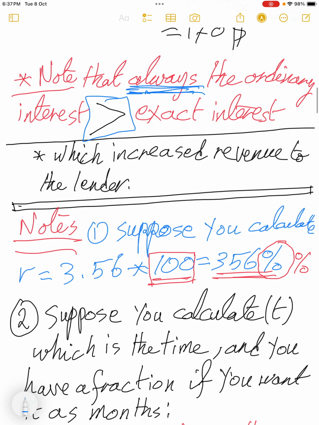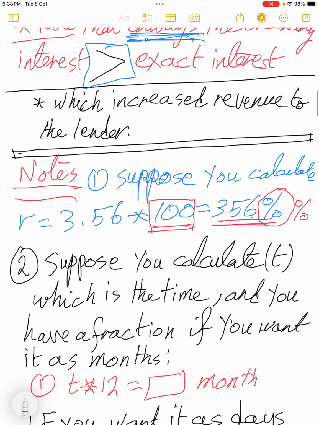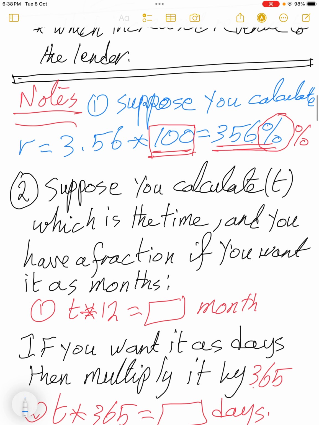Here, suppose you calculate R equals 3.56. With respect to R, you must multiply by 100. Then you will have 356%. This is for the interest rate. Suppose you calculate T, in years, and you have a fraction.